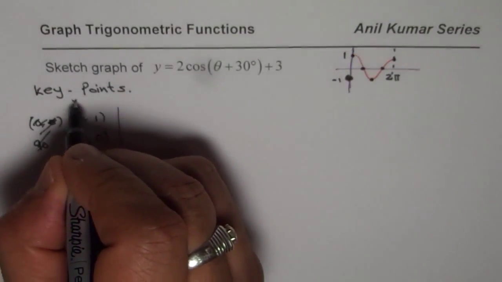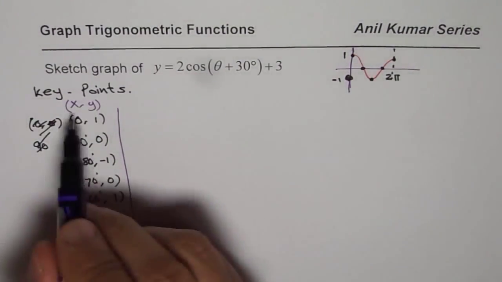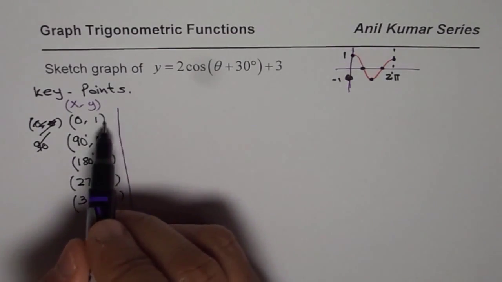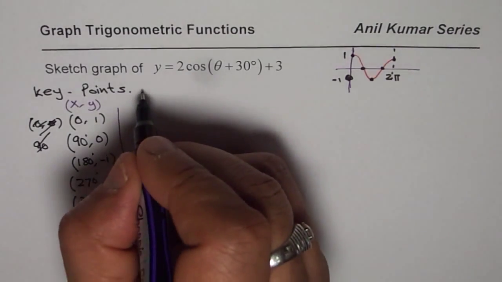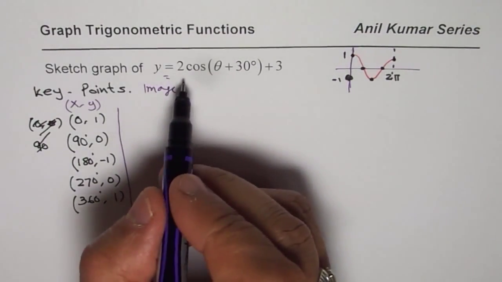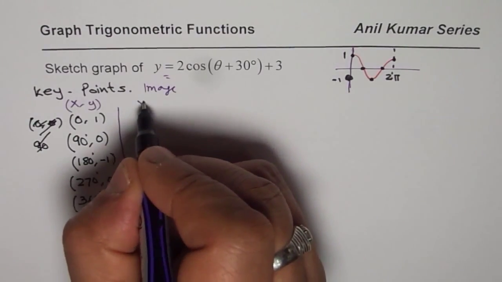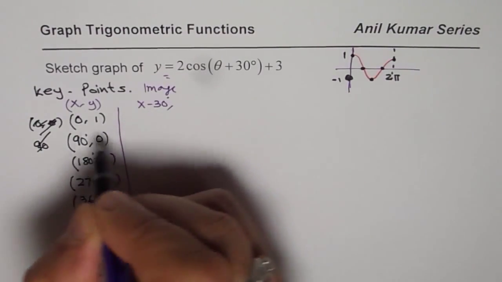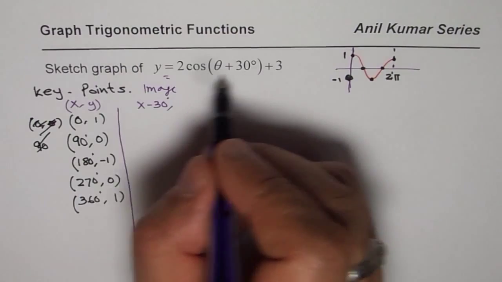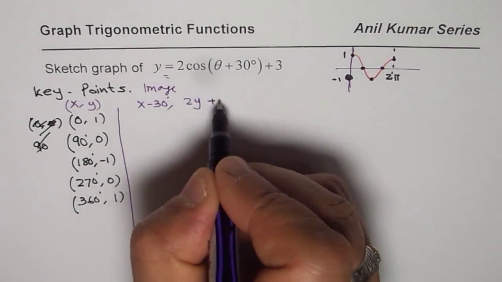So let me call them as x and y. When we transform a function, these points get transformed, we get their image. So the image points will be what? The x values will move 30 degrees to left, so we'll have x minus 30 degrees, right? The y values get multiplied by 2, so 2y plus 3.